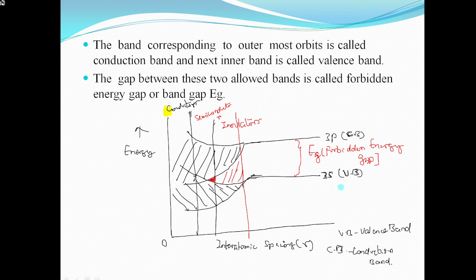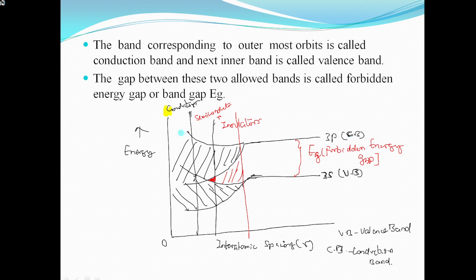Now what is the valency band? The band which is occupied by valency electrons is called the valency band. At T equal to 0 Kelvin, it may be partially filled or completely filled. What about the conduction band? At T equal to 0 Kelvin, the conduction band is empty. When you give temperature, only then electrons move from the valency band to the conduction band.